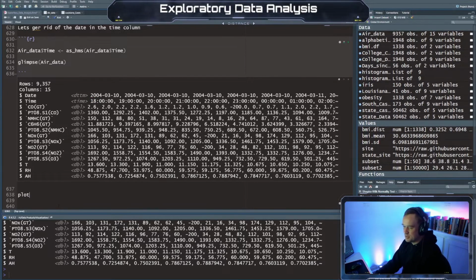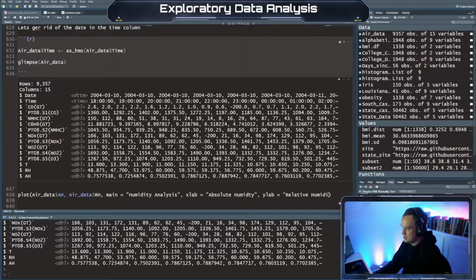All right, so let's plot air data AH, so the absolute humidity, air data RH, main equals humidity analysis, xlab equals absolute humidity, and then ylab equals relative humidity.